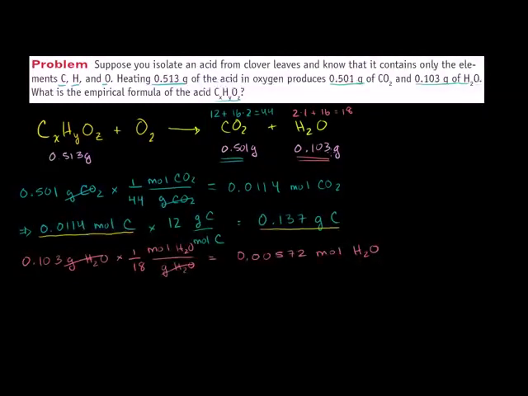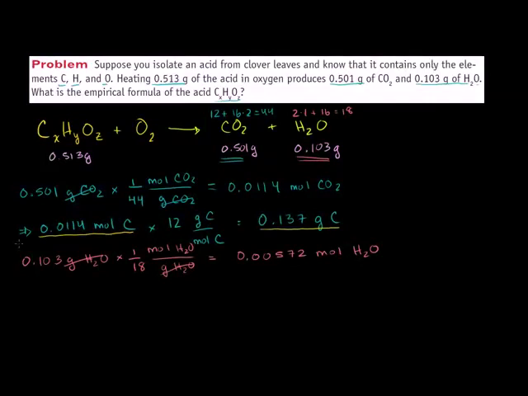We just converted these grams into the number of molecules that we actually have. Now, if we have this many moles of H2O, how many moles of hydrogen do we have? For every molecule of water, we have 2 molecules of hydrogen. So you multiply that times 2.